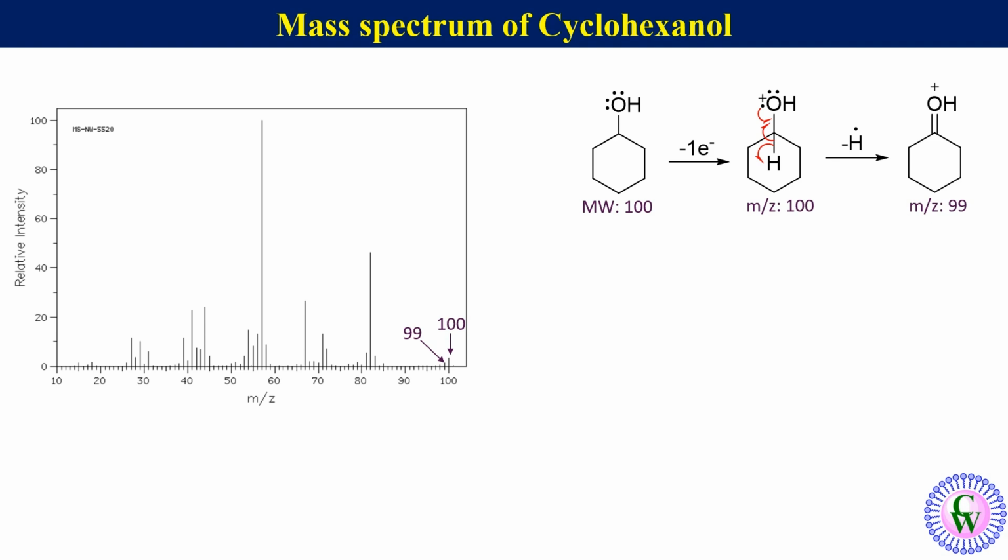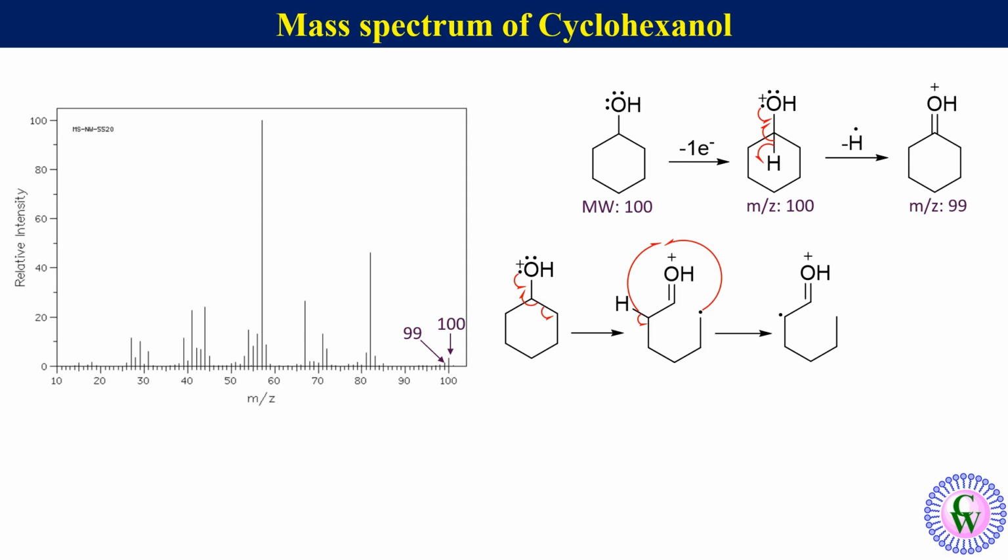The molecular ion can undergo breaking of alpha beta CC bond to produce this radical cation, which undergoes hydrogen shift like this to produce another radical cation, which removes propyl radical like this to produce protonated acrolein with M/Z 57.